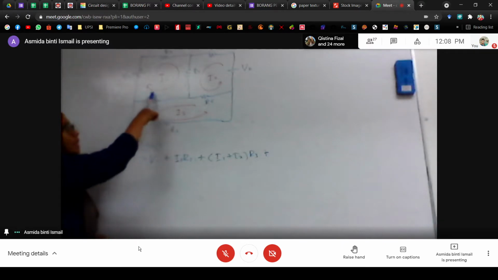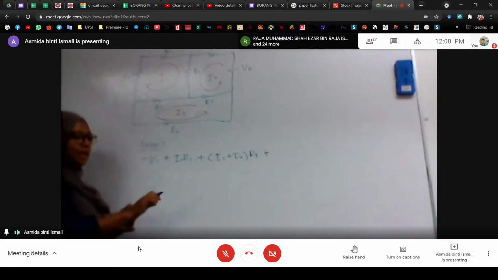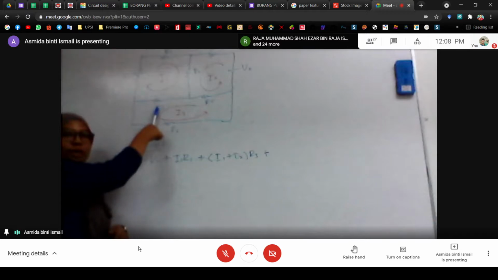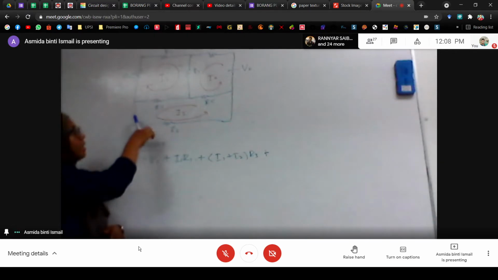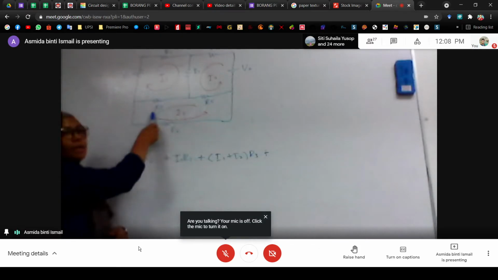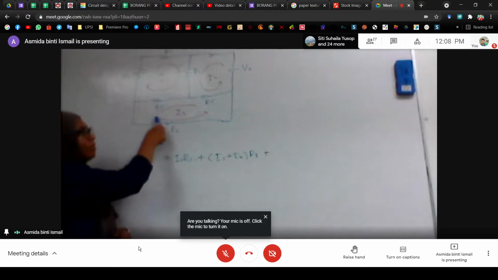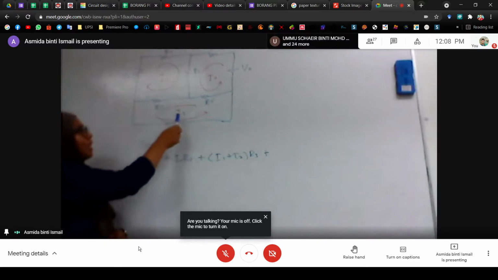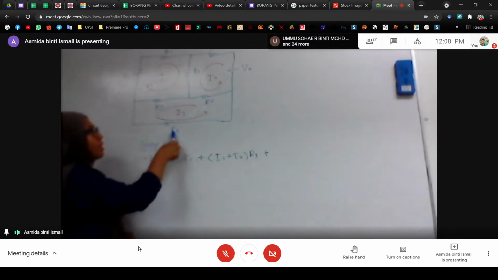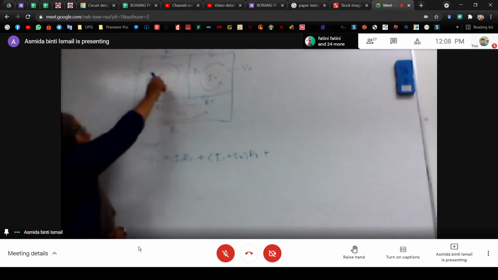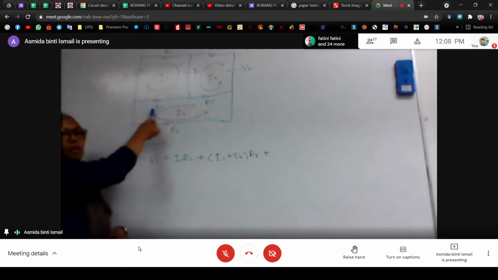And then plus, this loop also involves R4. So for R4, the current flowing through R4 is I1 and I3. I3 flows through R4, R6 and R5. So this loop, you need to consider the R4.